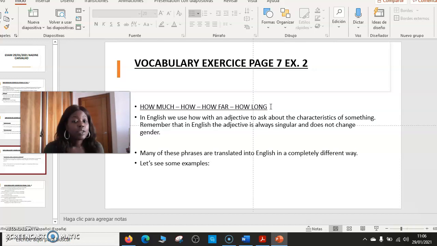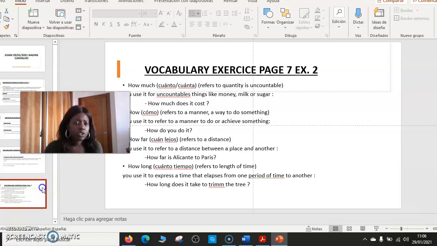And we have to remember that in English, the adjective is always singular and doesn't change with gender. Many of these sentences are translated into English in a completely different way. Let's see some examples.